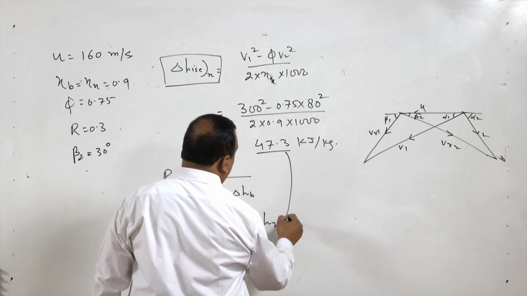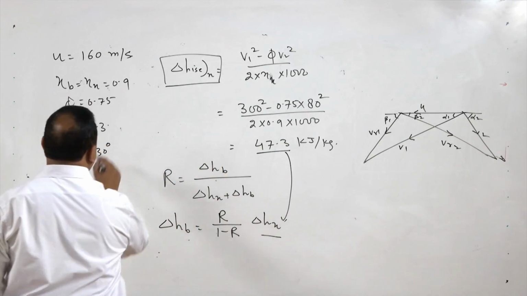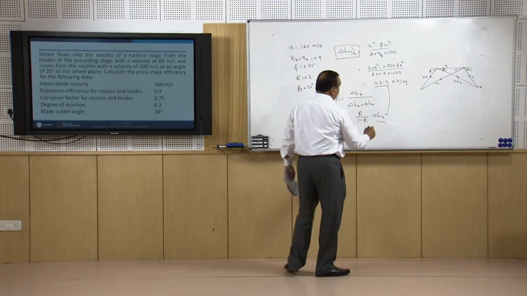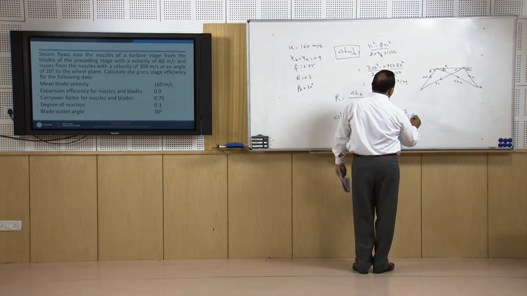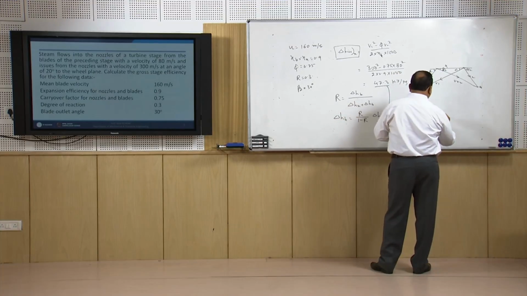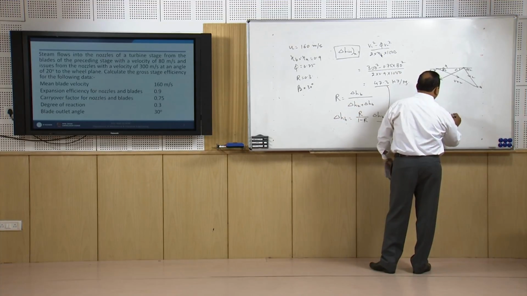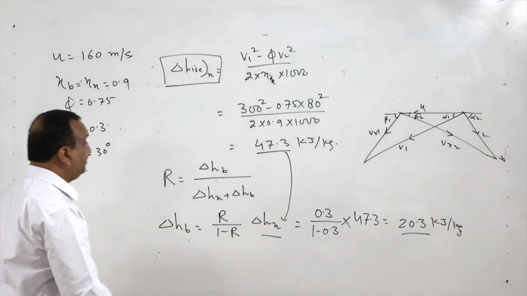R is given 0.3, so we get 0.3 divided by 1 minus 0.3 multiplied by 47.3, and that will give 20.3 kilojoules per kg. That is the enthalpy drop in the blades.